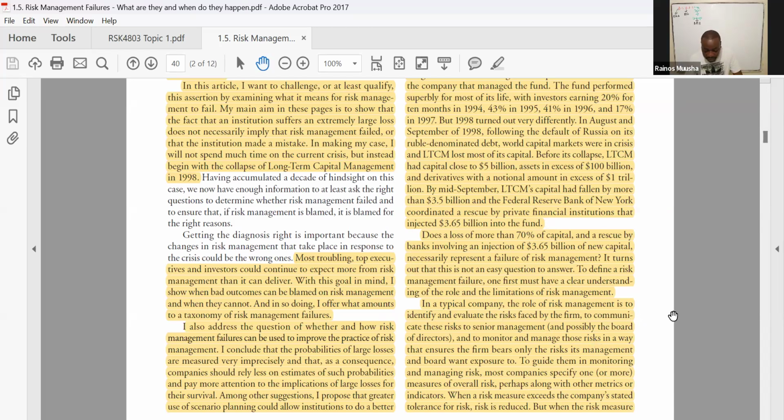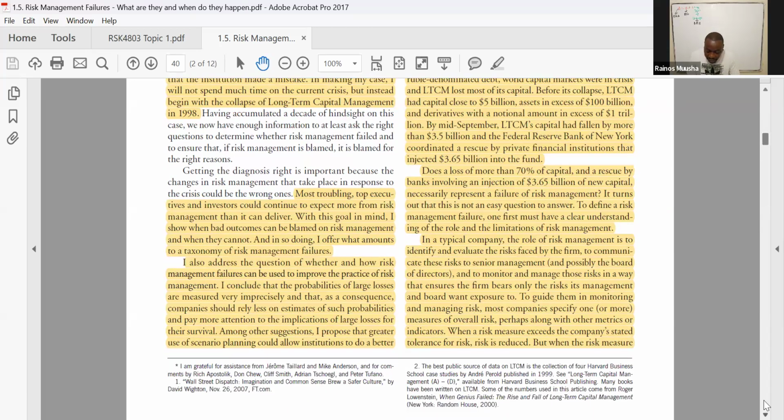So here they say, in a typical company, the role of risk management is to identify and evaluate the risk faced by the firm, to communicate these risks to senior management, and to monitor and manage those risks in a way that ensures that the firm bears only the risk its management and board want exposure to.